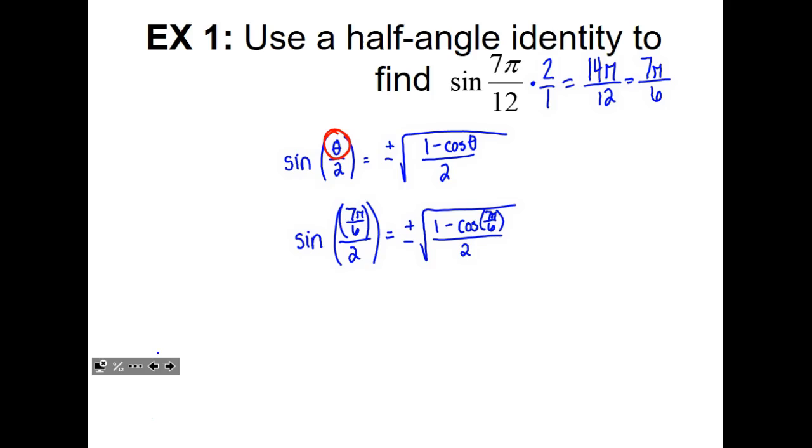So if you're using a half angle identity, if you just double whatever your angle is, if that's on the unit circle, then you just put this number here, because half of 7 pi over 6 is 7 pi over 12, right? So we can use this formula here.